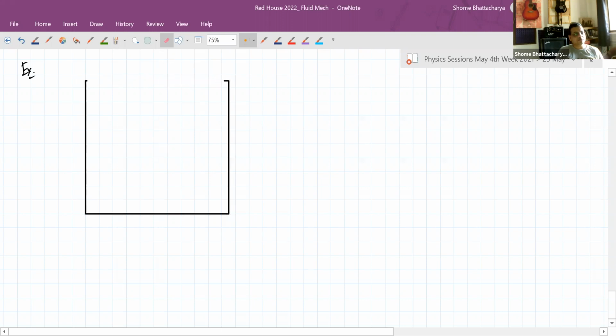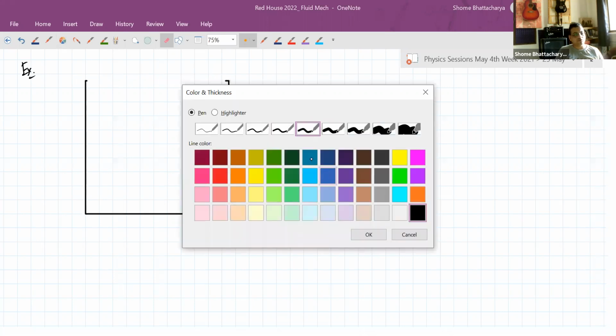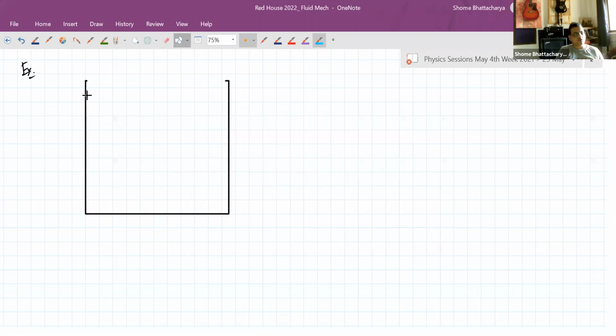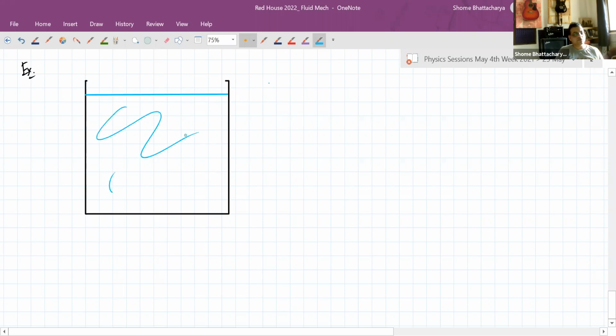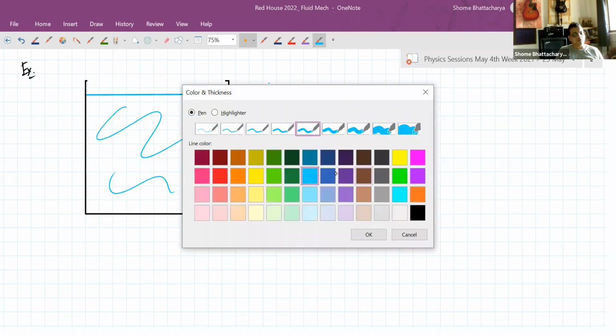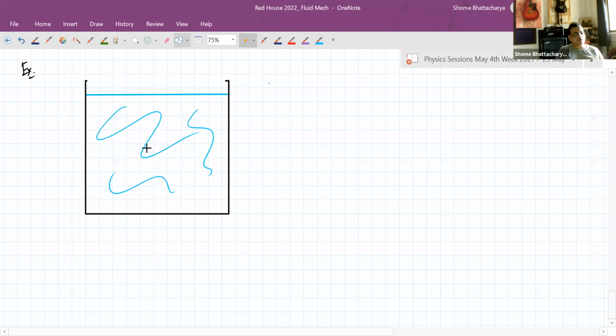So again, we have the same situation to begin with. We have water up to a certain level in a stationary tank. But this time we also have, let's say, a kind of bob made of wood.